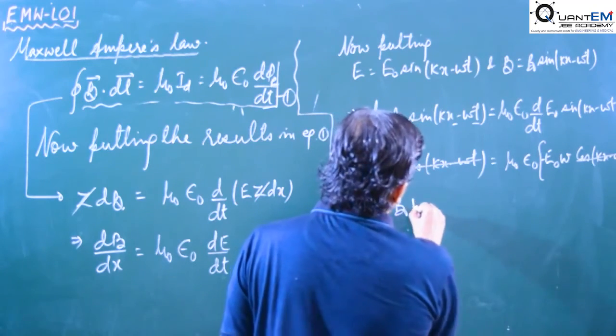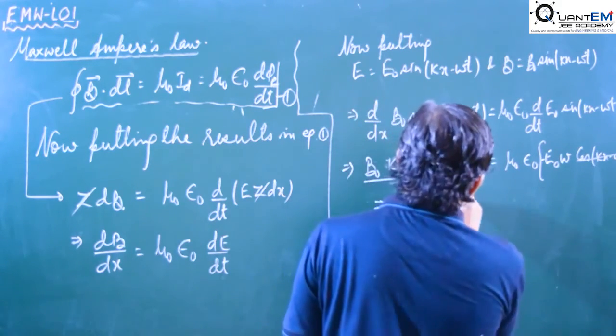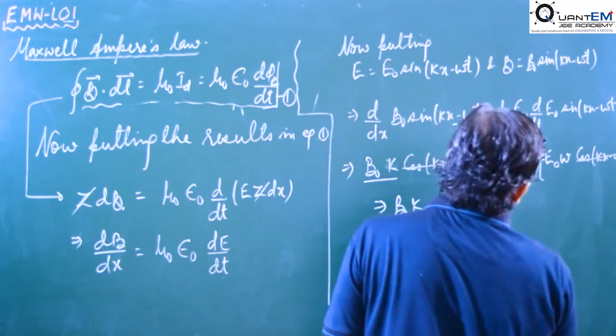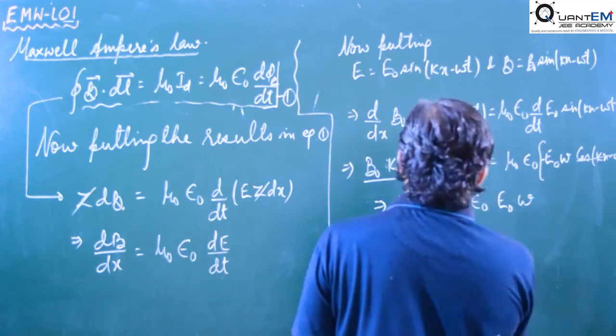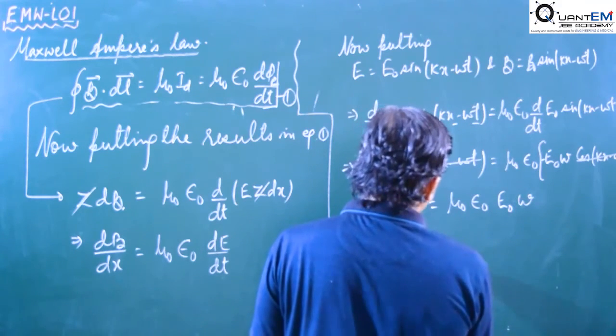We have the result B naught k is equal to mu naught epsilon naught into omega.